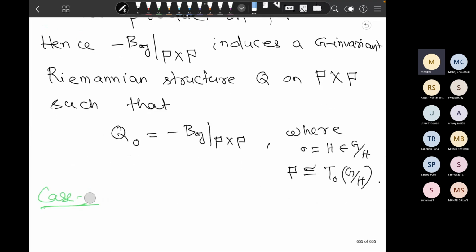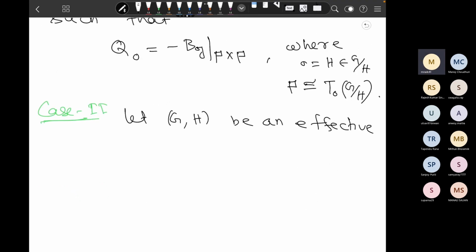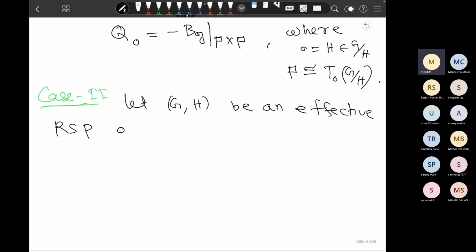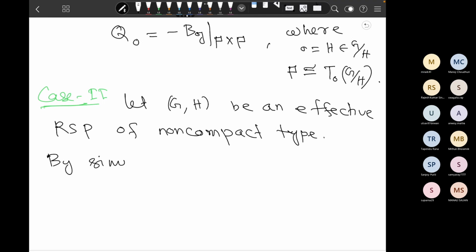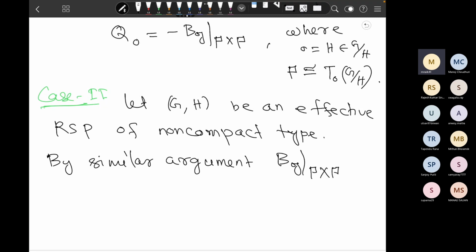Okay. So now we have the second case, case 2. Let (G, H) be an effective Riemannian symmetric pair of non-compact type. That means, by a similar argument, B_G restricted to 𝔭 × 𝔭 is always positive definite by definition.